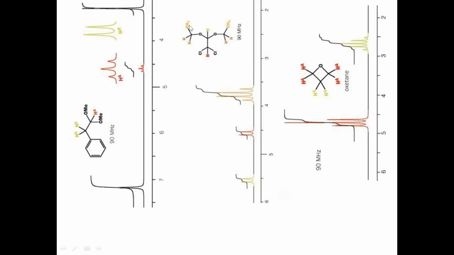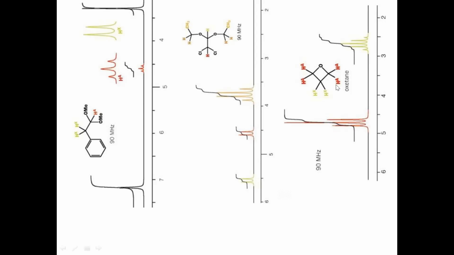And if you see this one, for this proton a doublet will appear, and for this proton a doublet will appear. So two doublets and one quartet will appear, and one triplet also appears in this region.